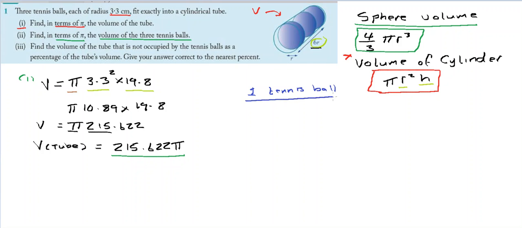The volume of 1 tennis ball is going to be equal to 4/3 pi times the radius, and the radius is 3.3 cubed. Then we can work this out, and then multiply it by 3. So we can work this part out first.